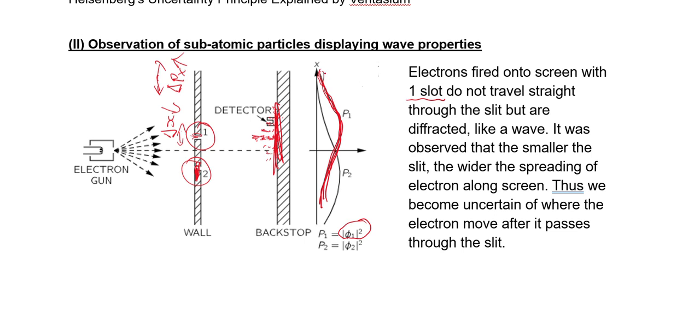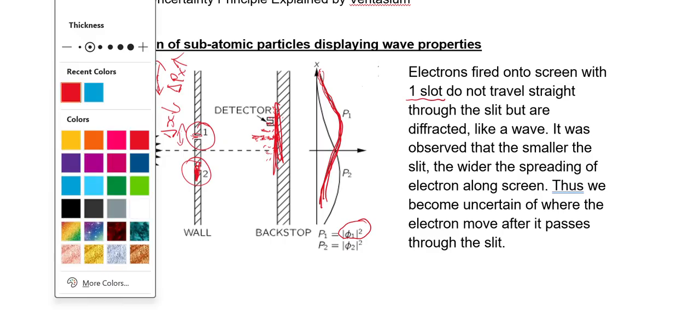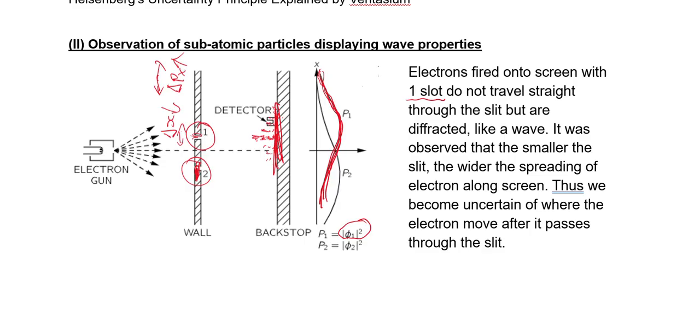This is already the probability distribution graph, and now if I shrink delta x, delta p increases, and that means the spreading gets bigger. The graph will look something like that.